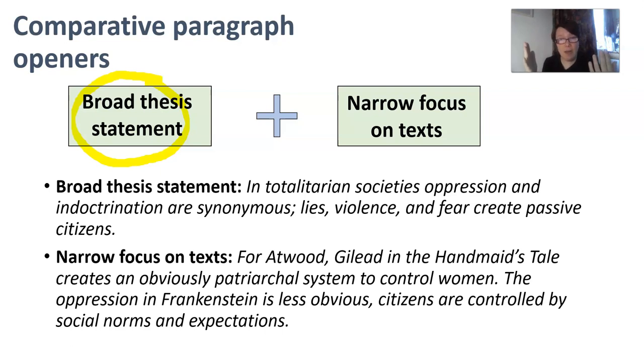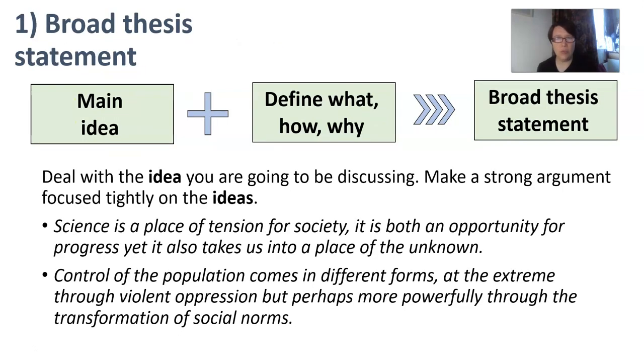The oppression in Frankenstein is less obvious. Citizens are controlled by social norms and expectations. So I've got this kind of interwoven AO4, this comparison here. I've got this opening broad thesis statement. Then as I drill down and I have this narrow focus onto the two texts, I'm comparing how obvious this oppression is.